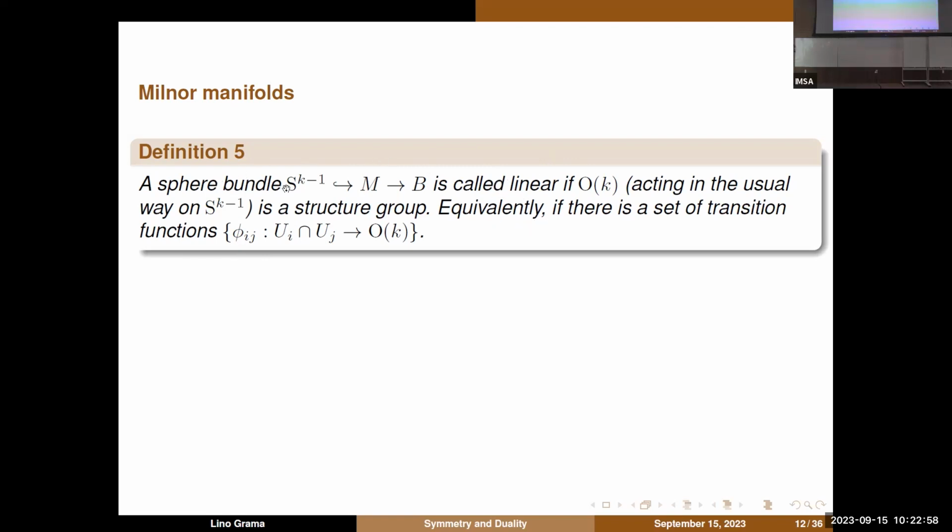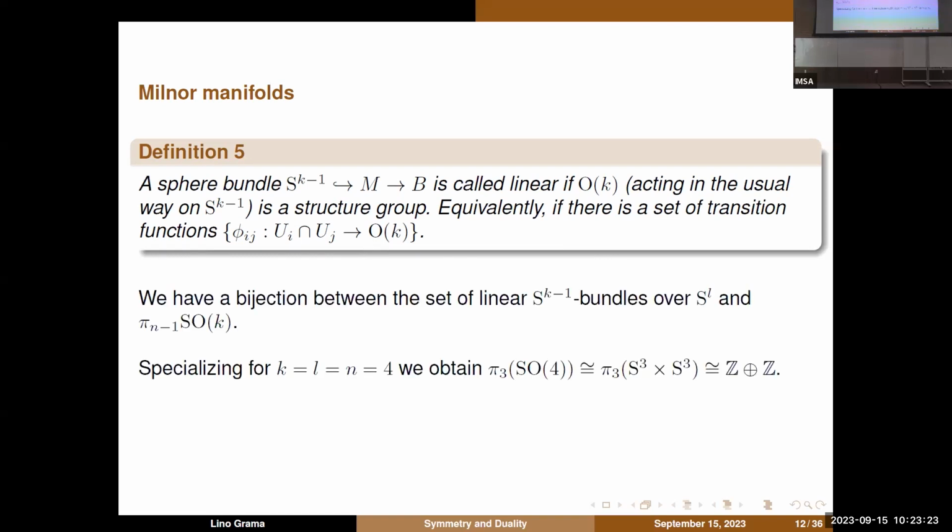We call a spherical bundle over B linear if the orthogonal group is the structure group of this bundle, or equivalently, if the transition functions of the bundle take values in the orthogonal group.